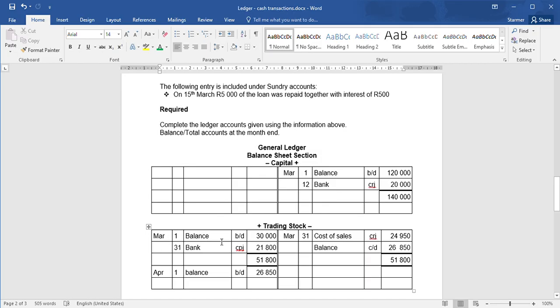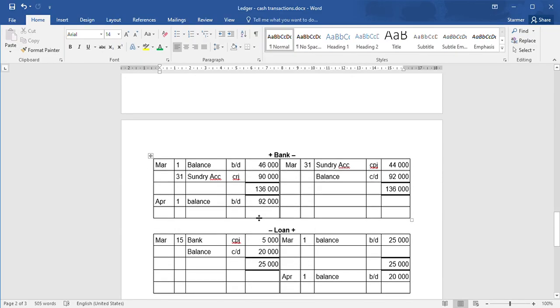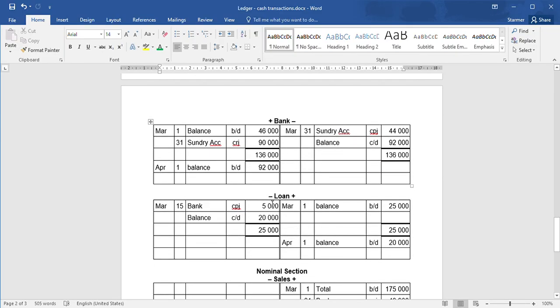So the balance on the 1st of March of 30,000 comes on the debit side. Your next account is bank, which is also an asset, so the balance is on the debit side, 46,000. Loan is a liability, which is minus plus, so the balance for this one comes on the credit side, 25,000.